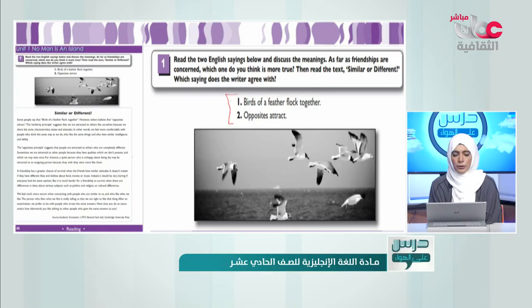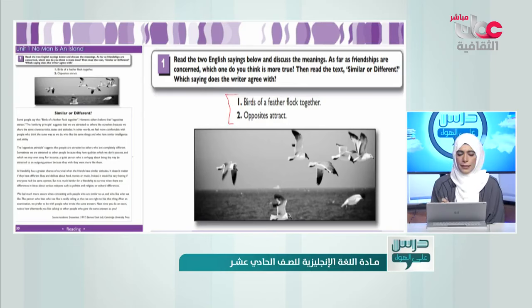Match to which one of the statements or sayings. Birds of a feather flock together or opposites attract. Actually, whenever you read the text, you can find some different ideas that refer to writer's opinion. Try to read the whole text and connect to the main ideas, topic sentences, supporting details to find out what the writer believes in.